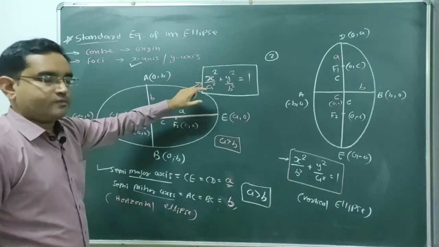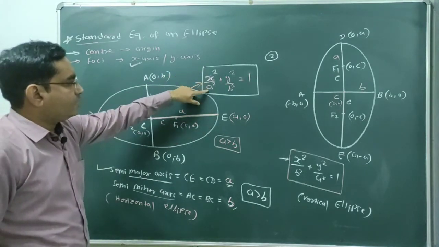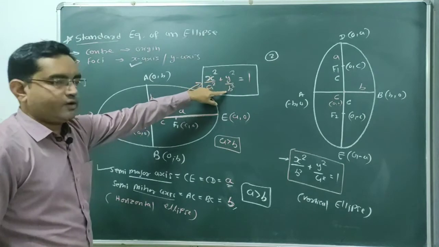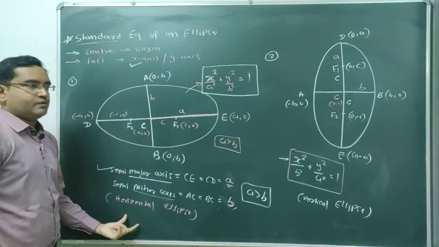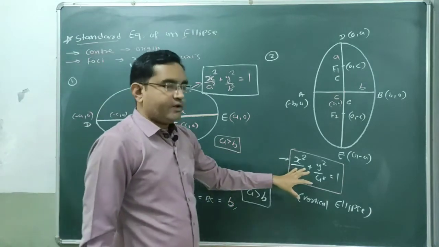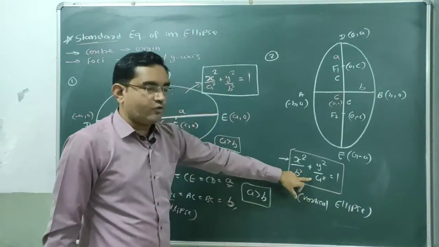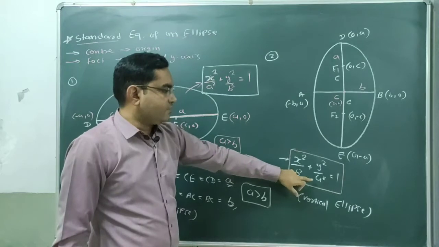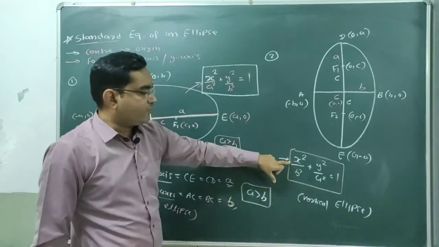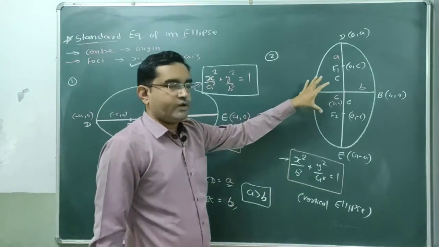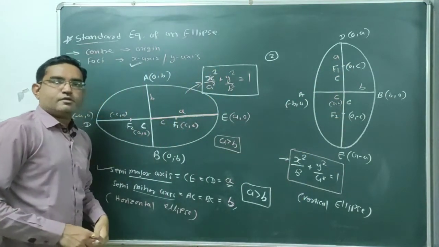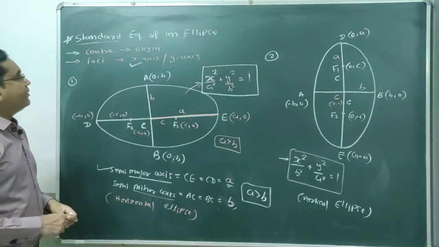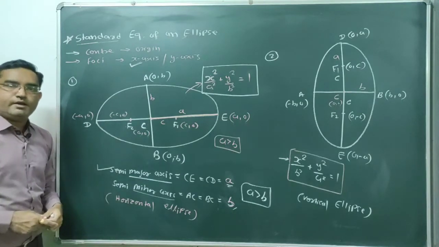If in the given equation coefficient of x square is greater than coefficient of y square, then it will be the equation of horizontal ellipse. While in the given equation of an ellipse, if coefficient of y square is greater than coefficient of x square, then the given equation will be the equation of vertical ellipse. Clear, students? So this is the basic concept of standard equation of an ellipse.